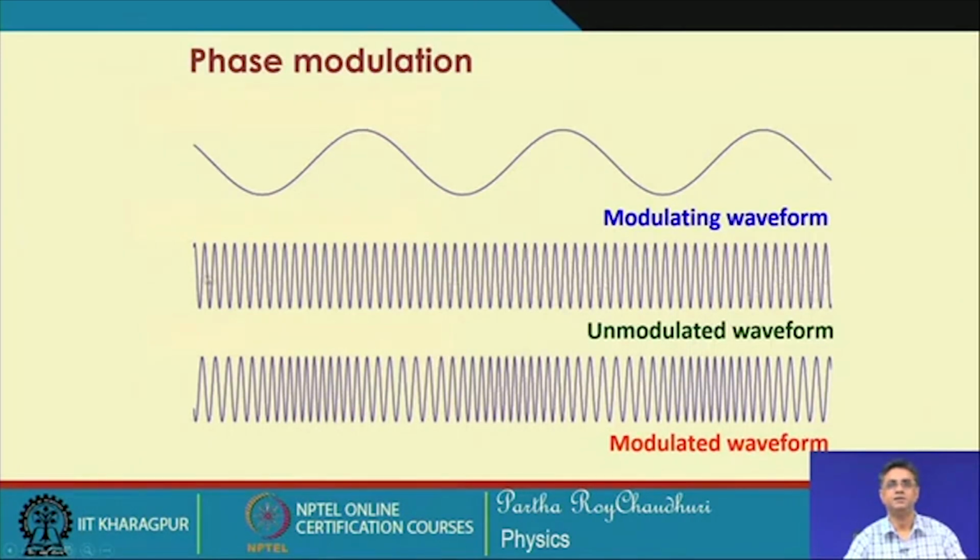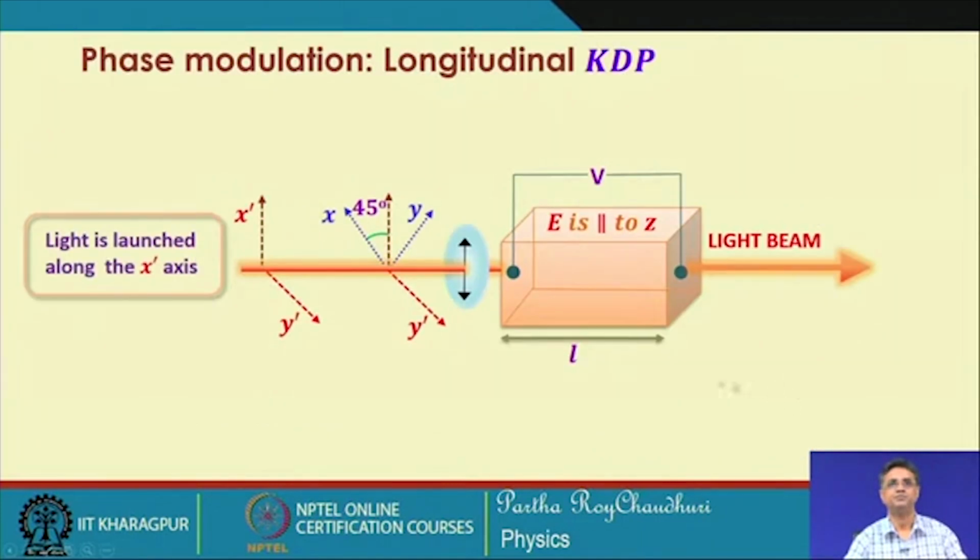You can see that there is a uniform phase propagation, but if you have a sinusoidal modulating voltage, then you can see that at the periods of the modulating voltage, the waveform is compressed and rarefied. So, this modulation information is impressed on the optical wave which is coming out of the crystal.